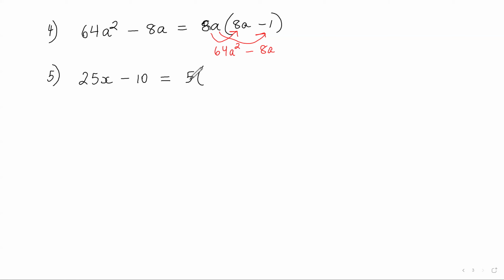Or what times 5 will give me 25x? Which way are you doing it, Josh? 25 divided by 5. Okay, and I will get 5x. That's right. And then 5 into minus 10 will give me minus 2. Right? And of course, to check your answer, you always check it back. 5 times 5x is 25x, and 5 times negative 2 is minus 10.